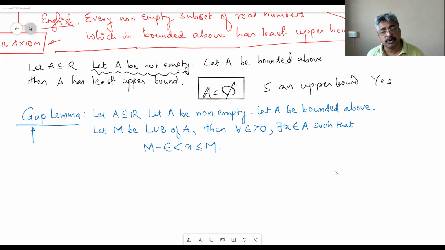What we are supposed to prove is there are no gaps. Doesn't matter what value of epsilon you take, for every epsilon greater than 0, there exists X belonging to A such that M minus epsilon is less than X is less than or equal to M.